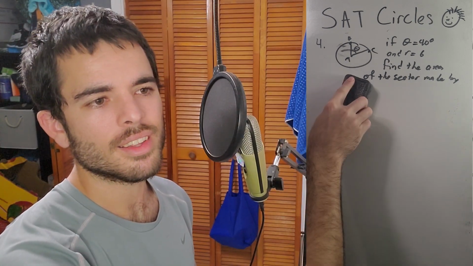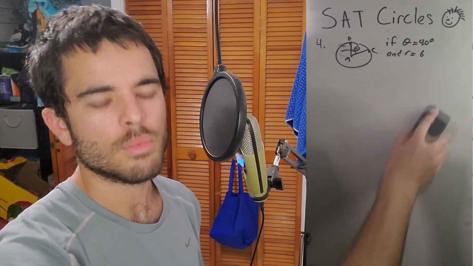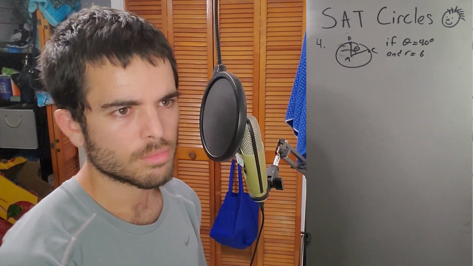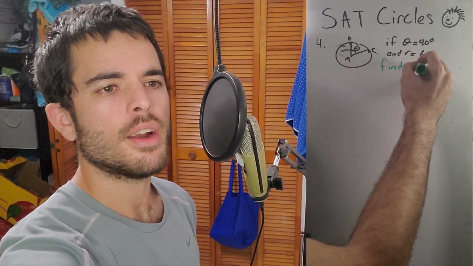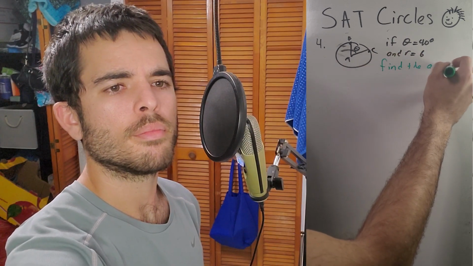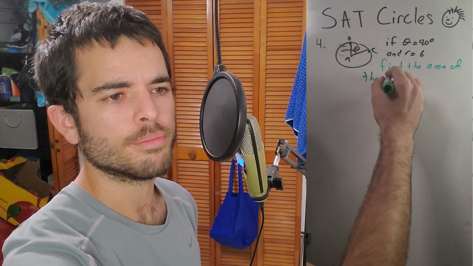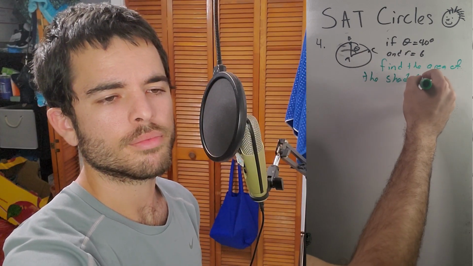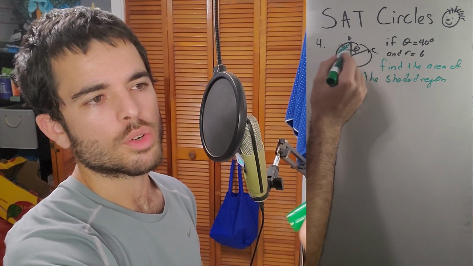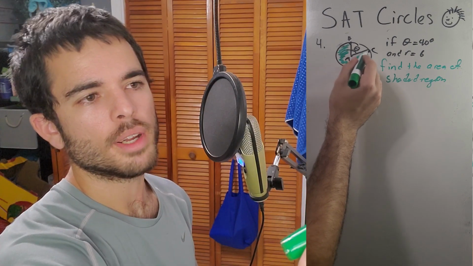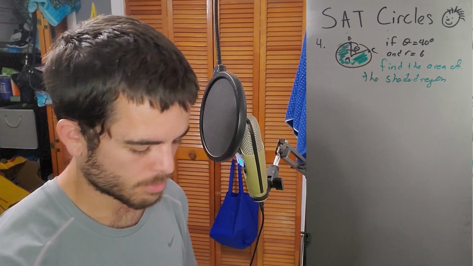Now what if we take the same problem and it says find the area of the shaded region, and then they shaded in the rest of the circle, right? Kind of making like a Pac-Man.